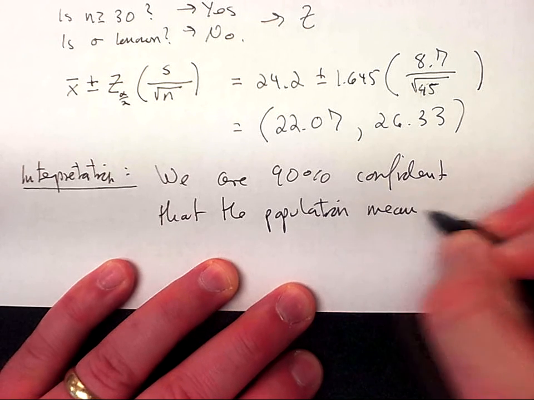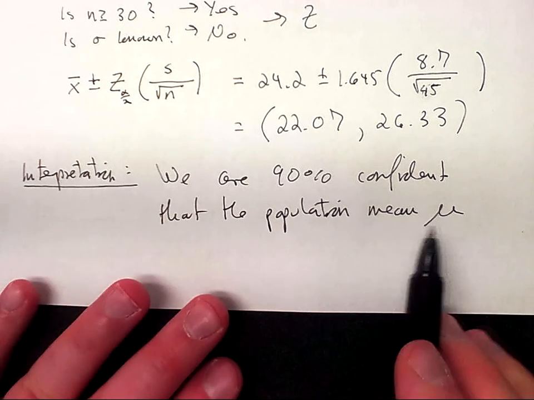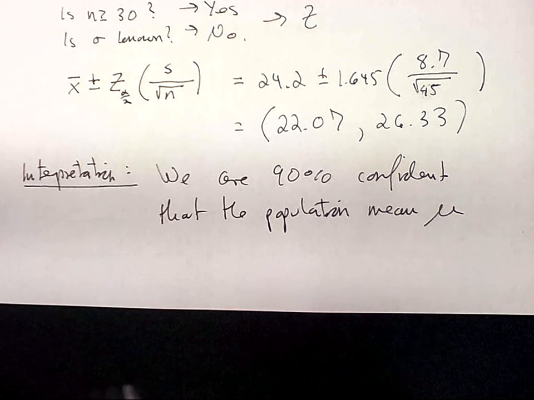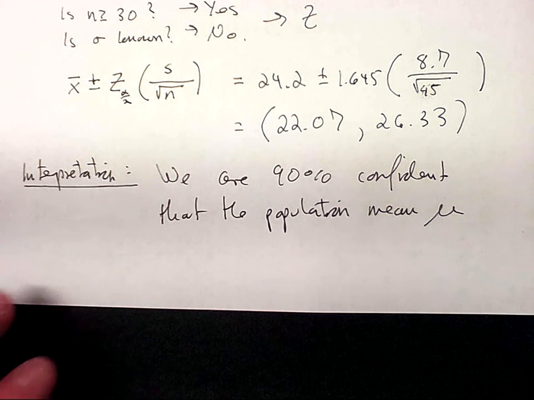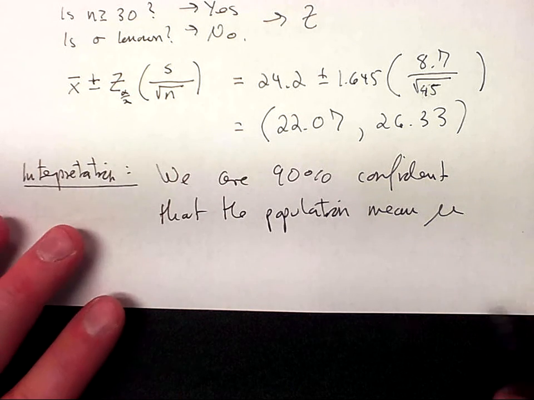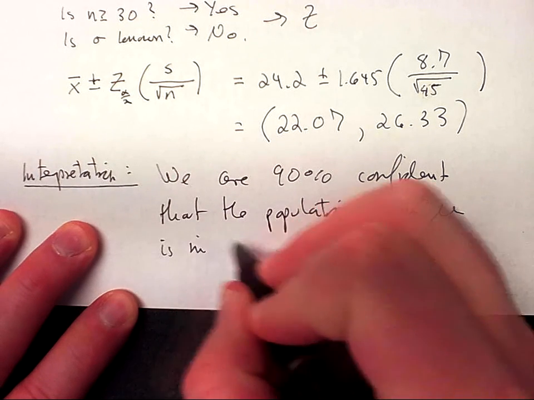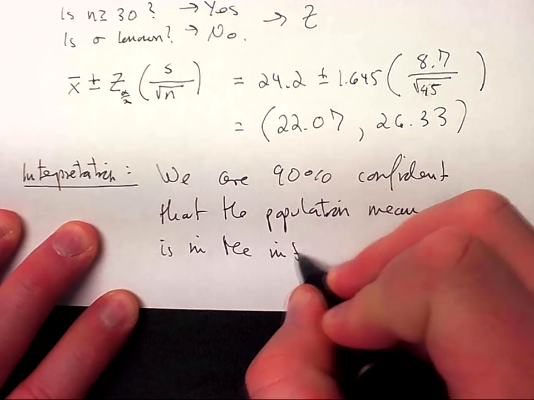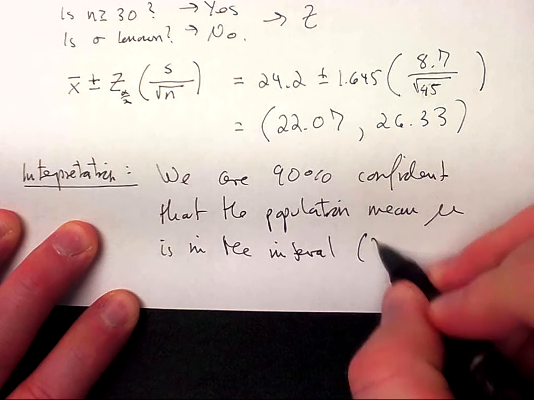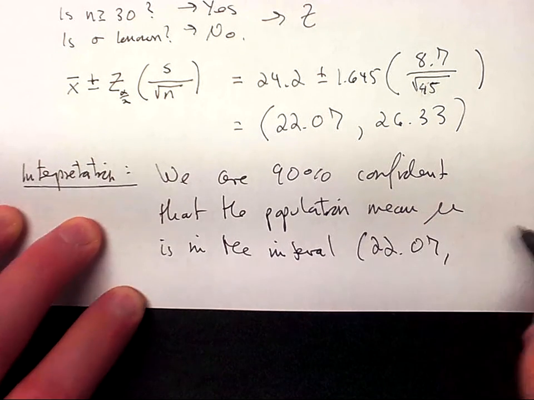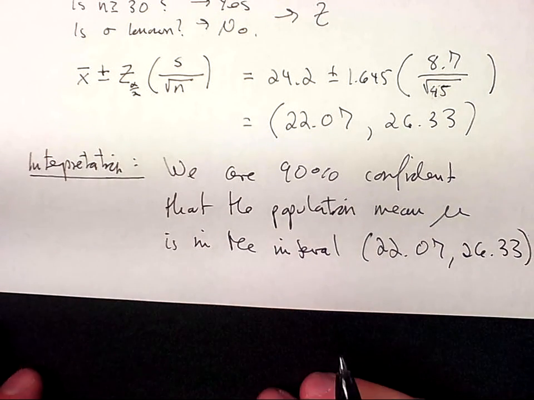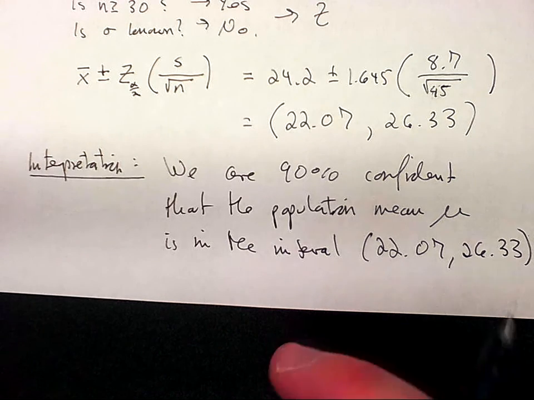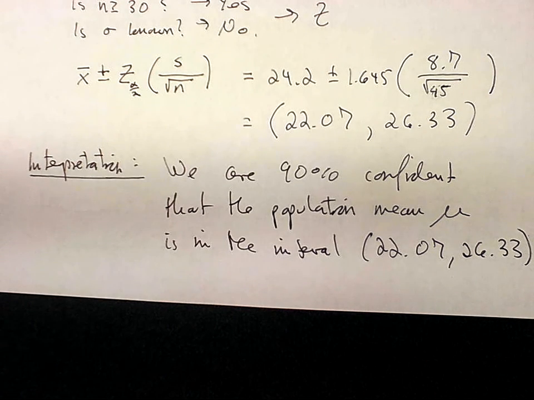For the population mean mu, the only thing that we're ever going to change out is the mean mu portion of it once we get to dealing with proportions, when we're no longer dealing with averages. Mean mu is in the interval, what we just calculated. I know I have atrocious handwriting, but I think everybody's good with what I'm writing up here.